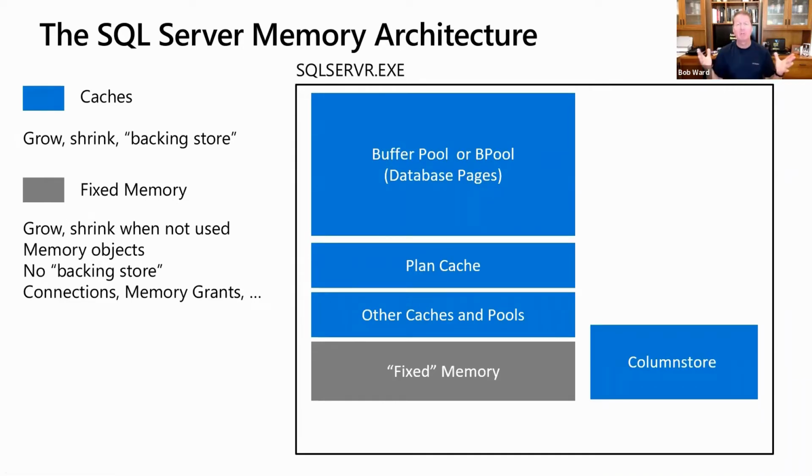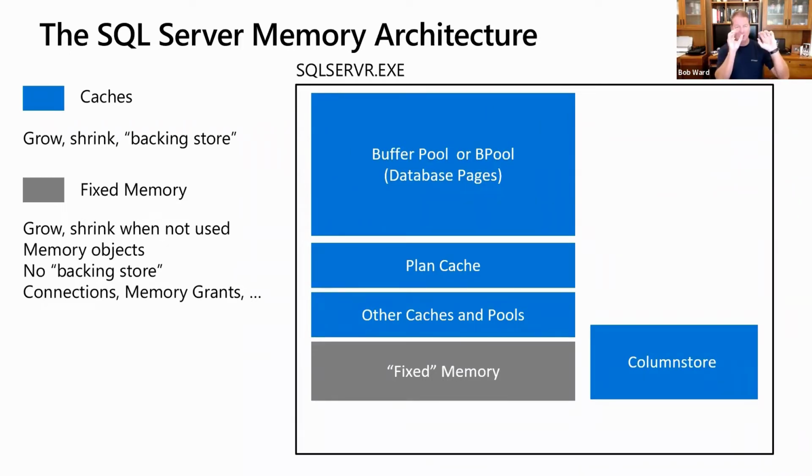You're used to the buffer pool or B pool. This is where all the database and index pages are stored. It's the largest cache we have. We have a plan cache for queries and procedure plans. We have other caches and pools that we build and we use for other mechanisms. And then we have column store, which is a separate type of cache we use for column store indexes.